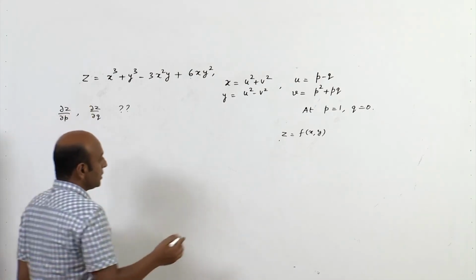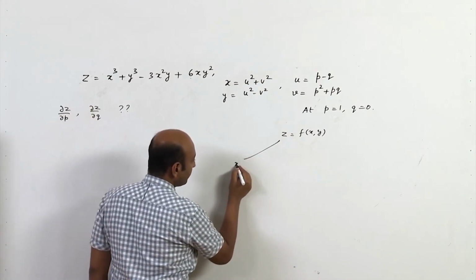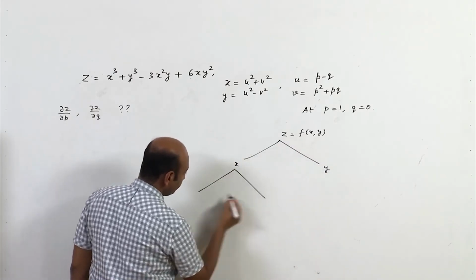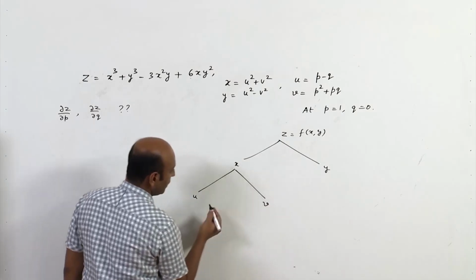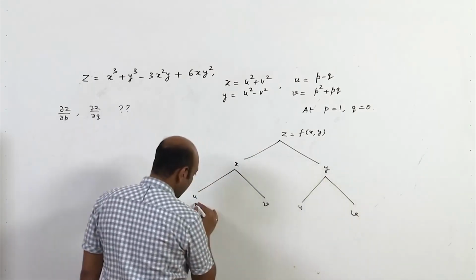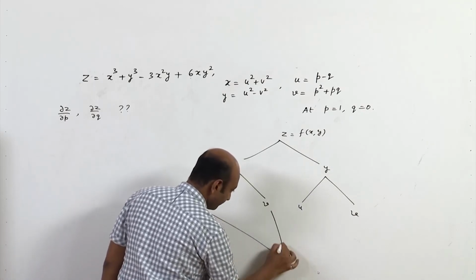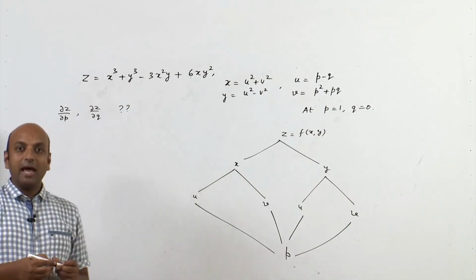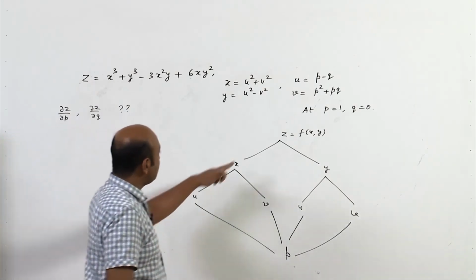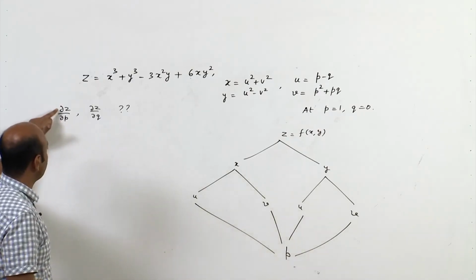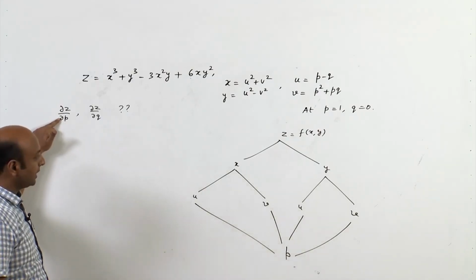Now, z is a function of x and y, x is a function of u and v, here also it is a function of u and v, and all are functions of p and q. And we want to compute del z by del p, the first expression.